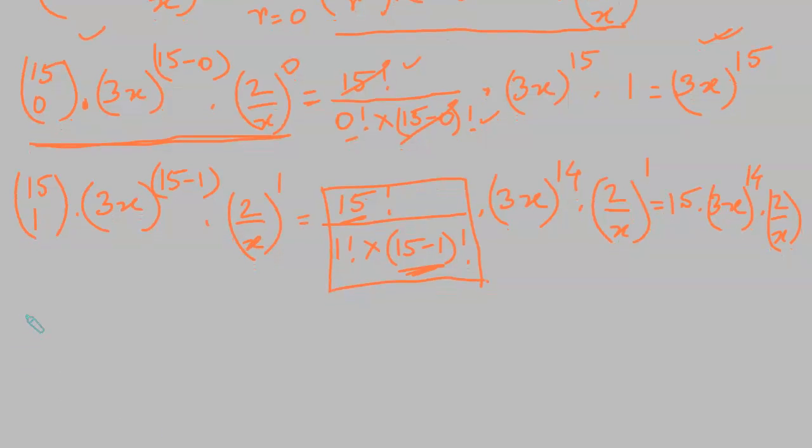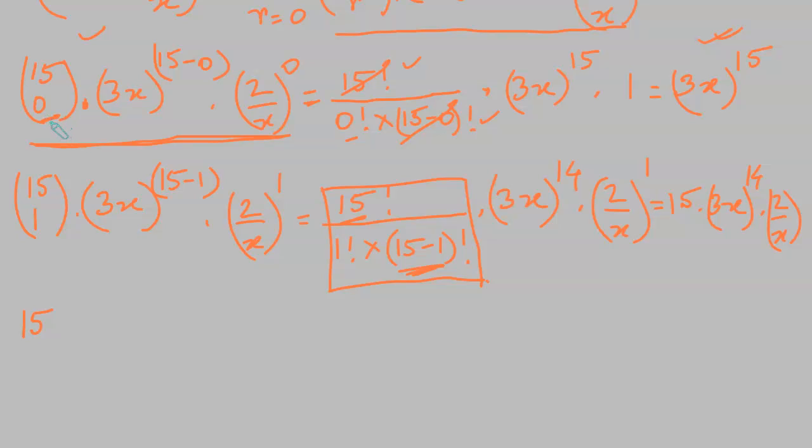And the third term will have the value of r as 2. Now you just notice one thing. For the first term, the r value is equal to 0. That is, the value of r is 1 less than the term number. You have to remember this.